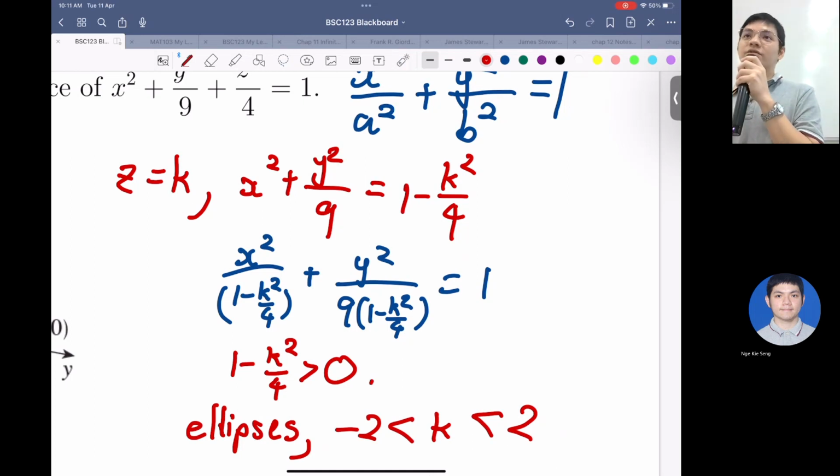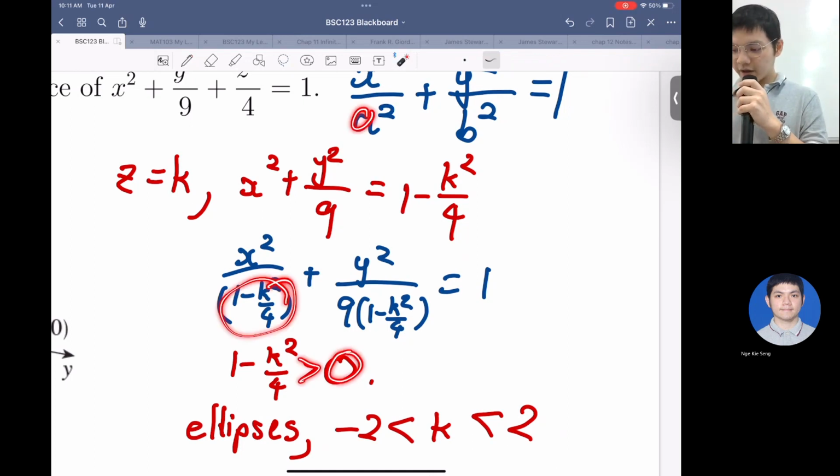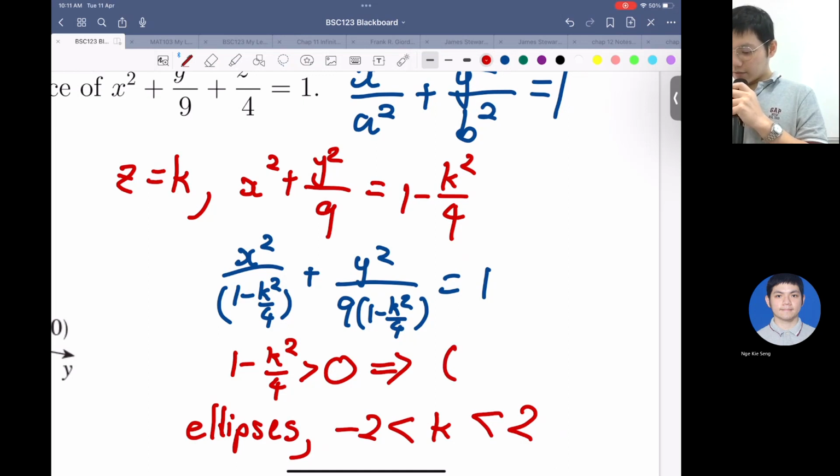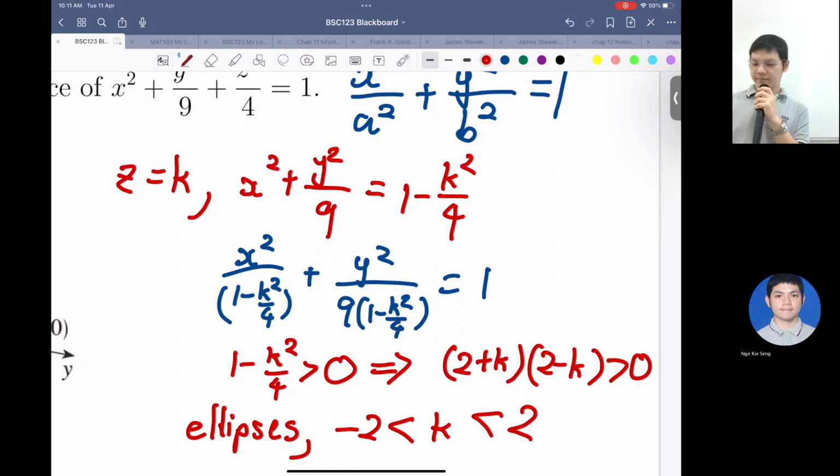So this is a trick here: this part has to be greater than 0 because you have a squared and b squared. To solve this, go back to what you have learned. If you factorize it, you get 2 plus k and 2 minus k greater than 0.